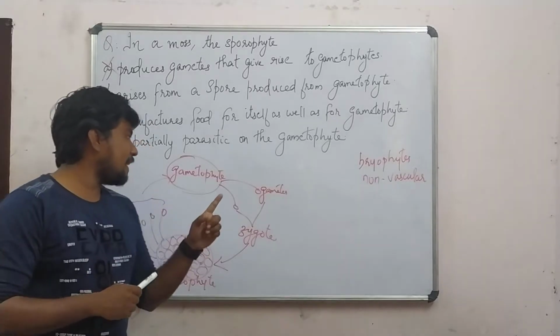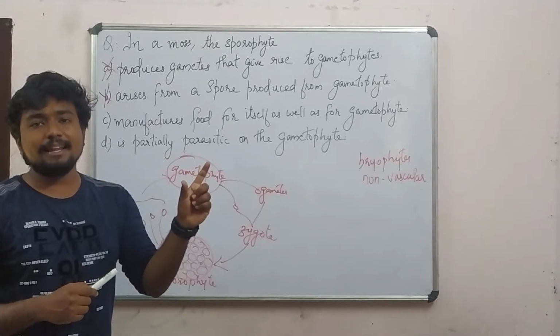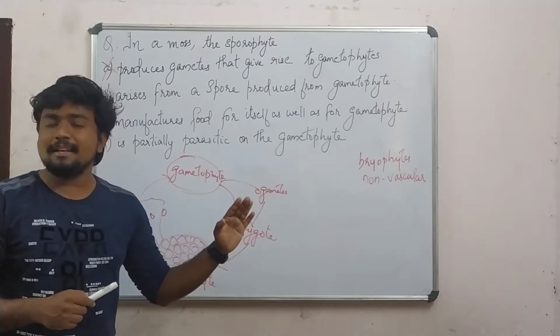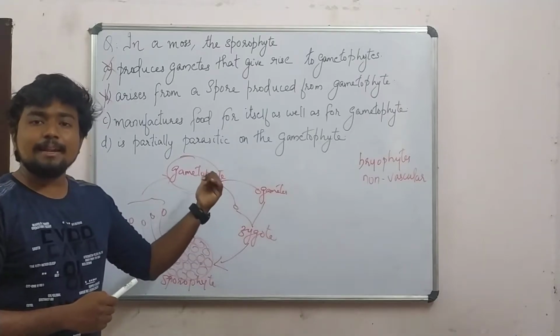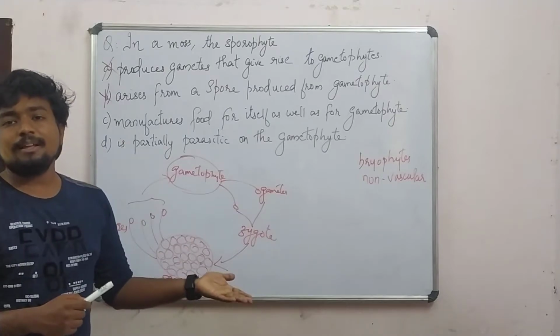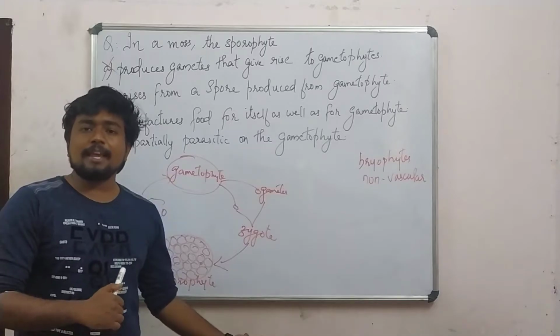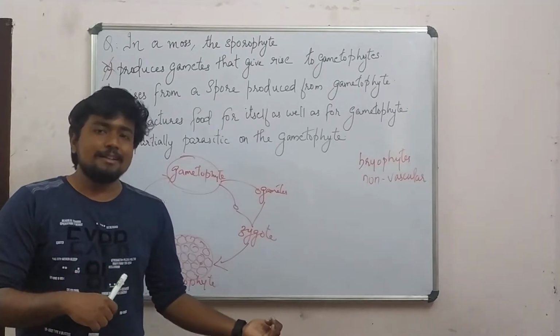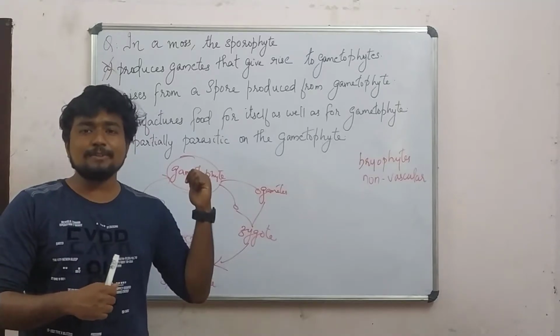Just remember that it is the gametophyte that contains the photosynthetic material, and there is none in the sporophyte. So it is only the gametophyte that can produce food. The sporophyte cannot even prepare food for itself, then how can it prepare it for the gametophyte? So the third option is also wrong.